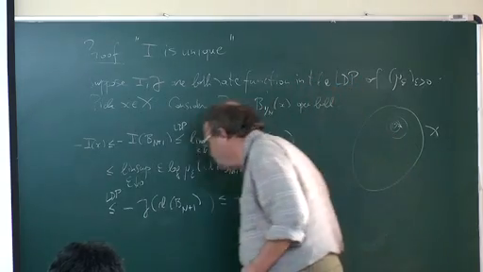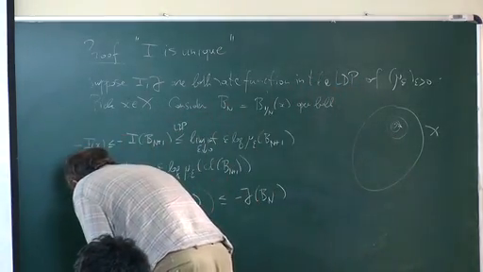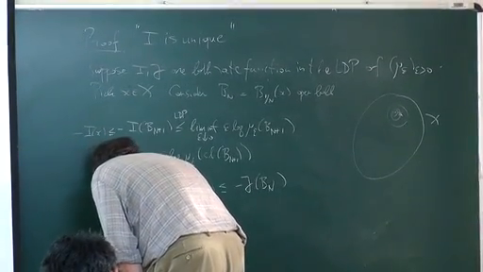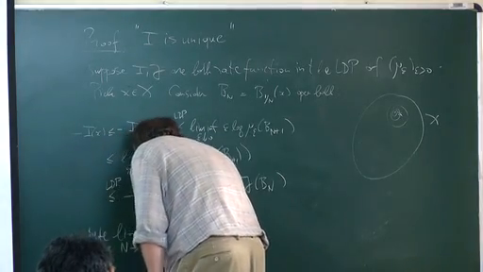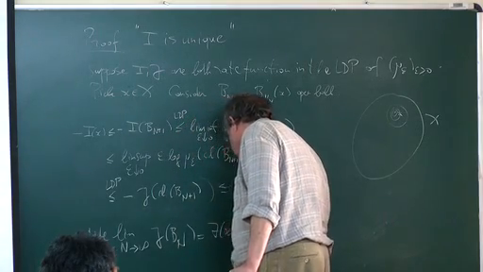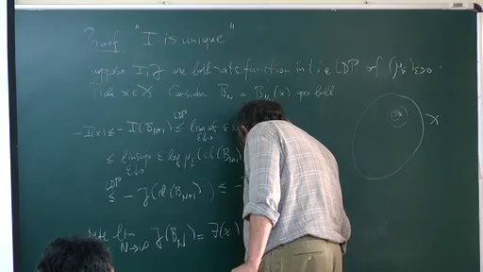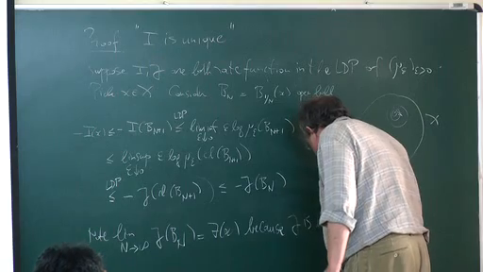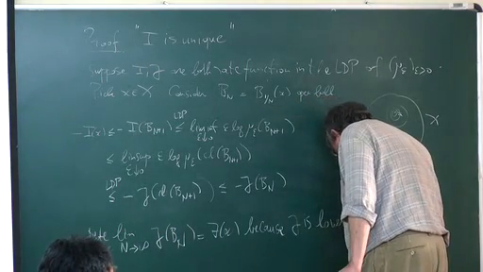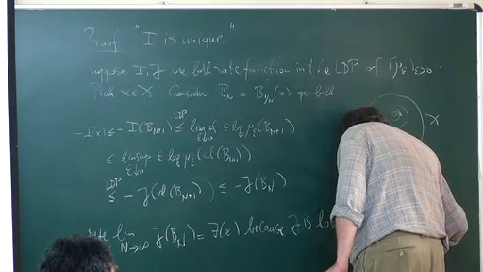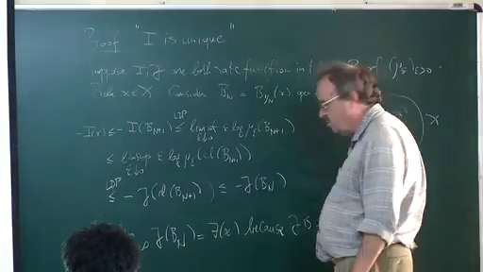And now I'm noting that the limit of n going to infinity of J of B_n is J of x, because J is lower semi-continuous. In fact, it has compact level sets, so it's lower semi-continuous.